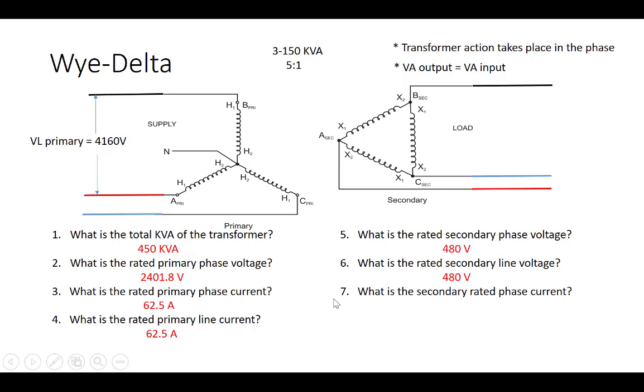The rated phase current for the secondary would be the phase VA divided by the phase voltage. So 150 kVA divided by 480 volts should give me a phase current of 312.5 amps.